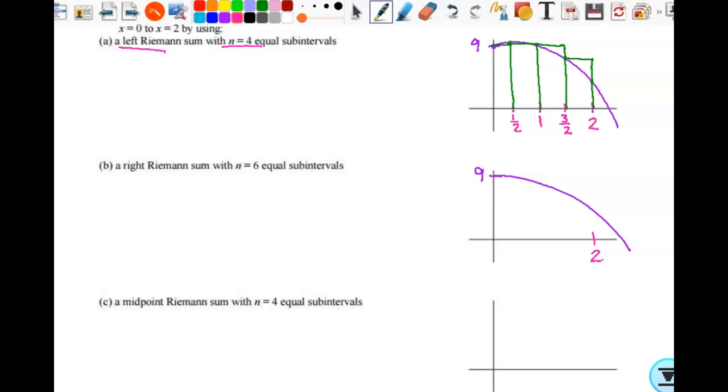Exactly. So we went to 2. If you do 2 divided by 6, that gives you the widths of your intervals. Then you should be able to mark out your x values.